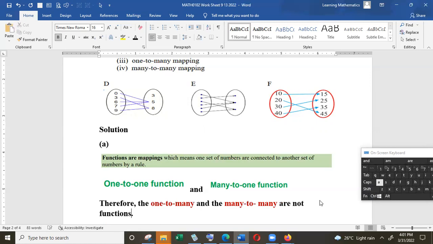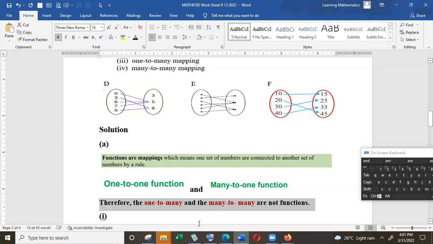Okay, so please bear that in mind. It's only the one-to-one and many-to-one that are functions.